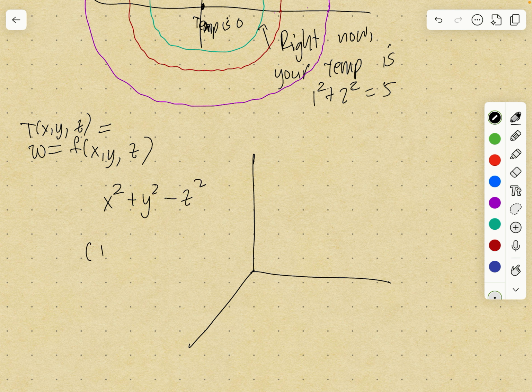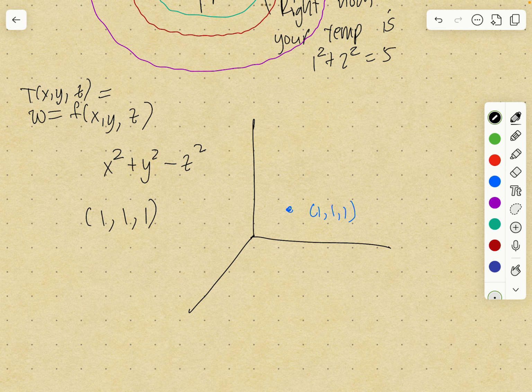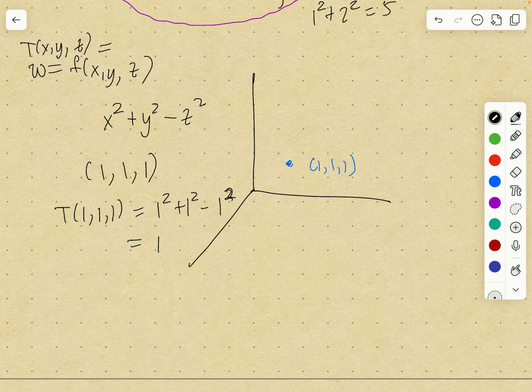And you're at the point 1, 1, 1. The temperature at 1, 1, 1 is 1 squared plus 1 squared minus 1 squared, which is equal to 1. So you're currently at 1 degree, and you want to know which way to fly to maximize the instantaneous rate of change of temperature.